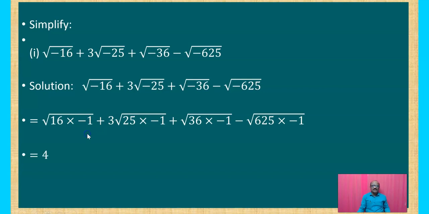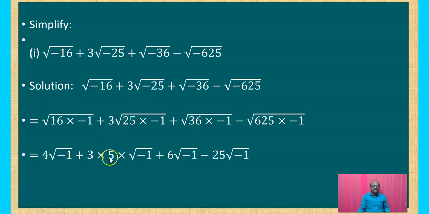Next, the square root of 16 is 4 root of minus 1, 3 into 5 root of minus 1, 6 into root of minus 1, minus 25 into root of minus 1. That is, you will get 4i, 15i, next 6i, minus 25i.